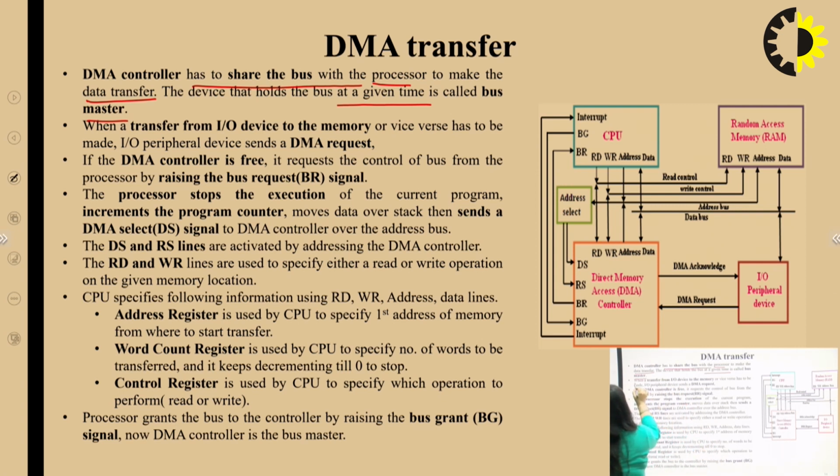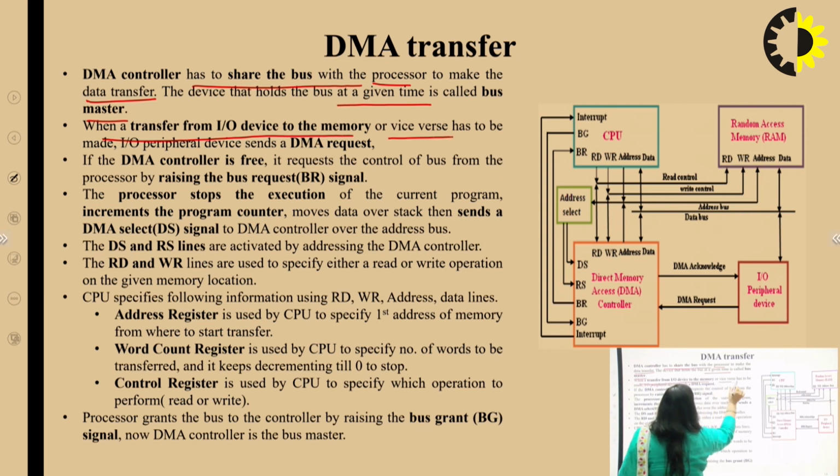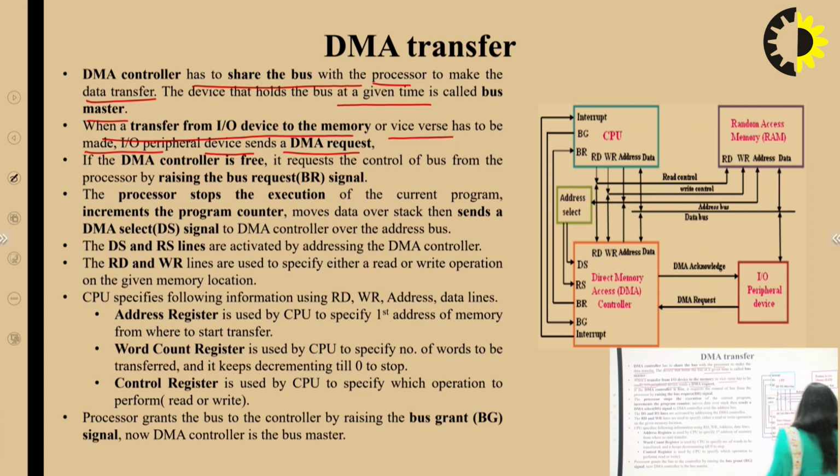Now when a transfer from an input output device to the memory or vice versa has to be made, the input output peripheral device sends a DMA request. So these are the input output or peripheral devices. When there is a requirement of data transfer between input output and memory, it sends the DMA request to the direct memory access controller.